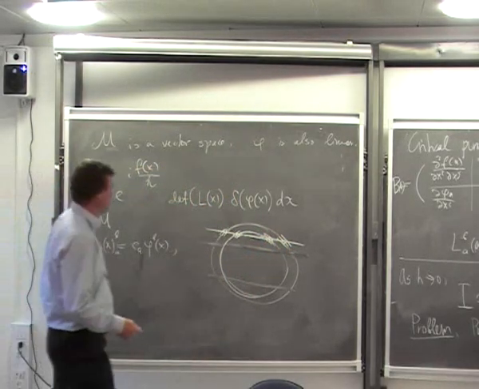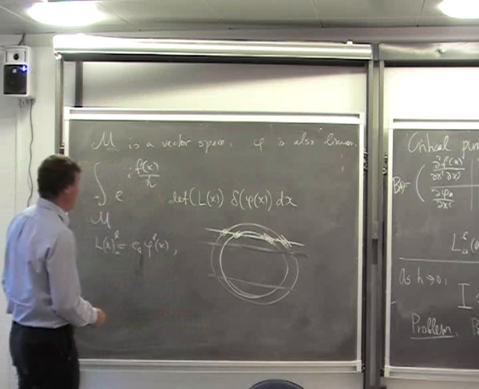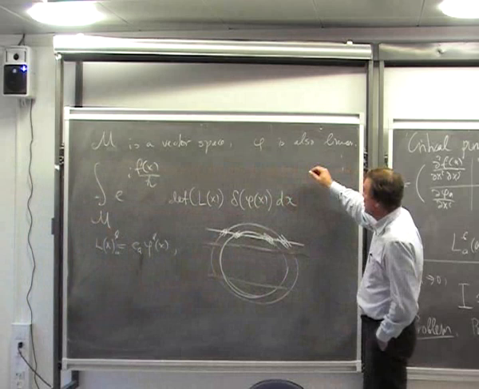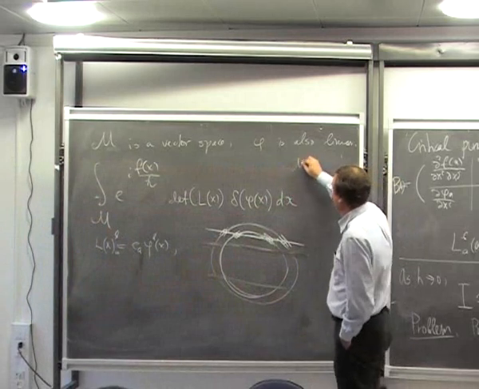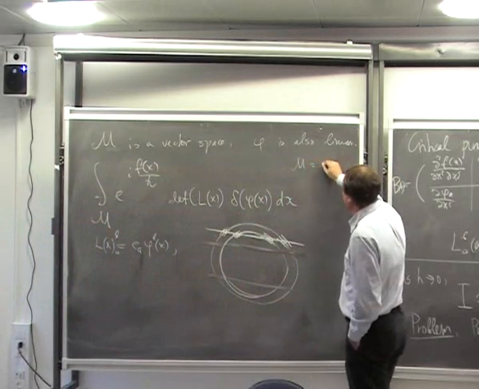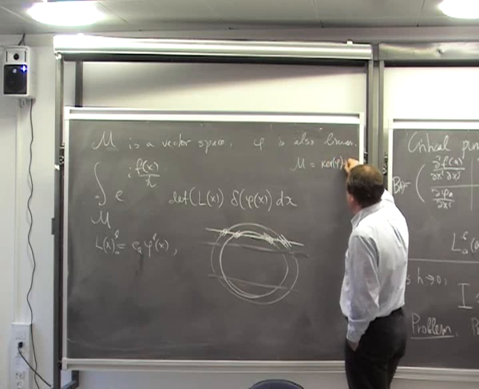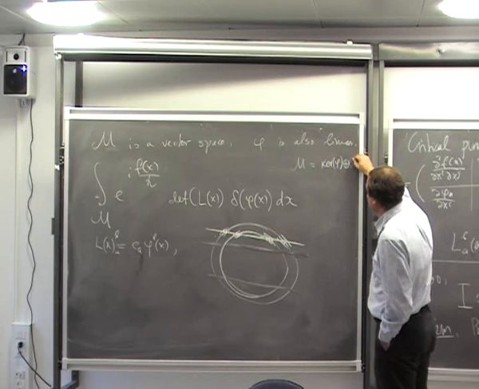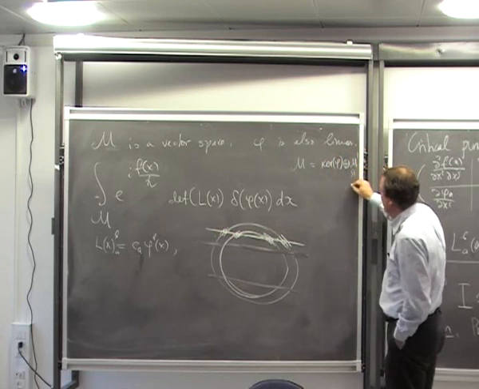Okay. So then in this case, we can simply split the space M into the kernel of phi plus the complement M prime.